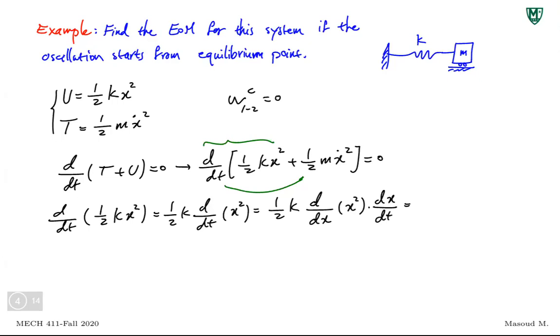Instead of taking the derivative with respect to time of x squared, I'll use the chain rule: d of something dt can be d of that thing dx times dx dt. This dx dt is x dot. d dx of x squared becomes 2x. So 2x comes out, cancels 1 over 2. This becomes k x x dot.